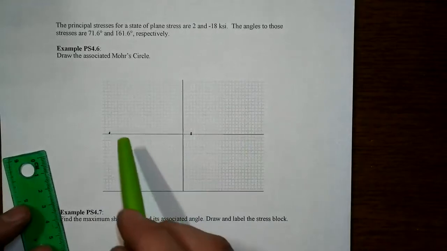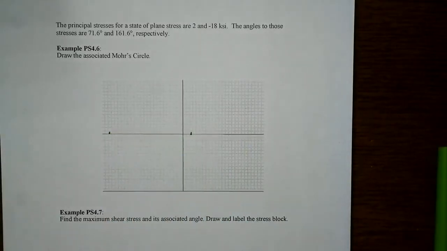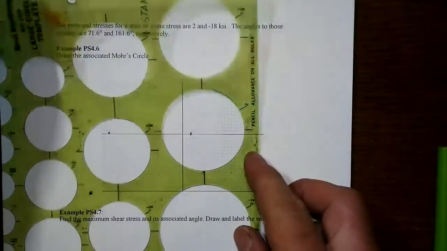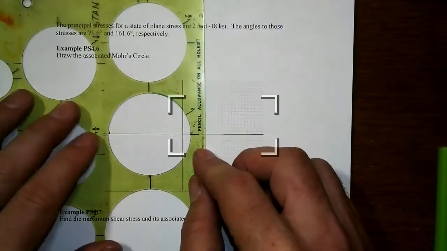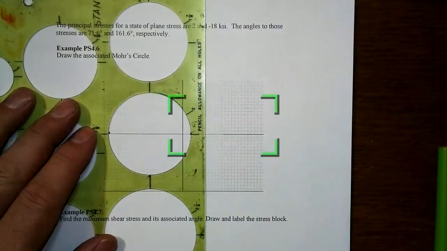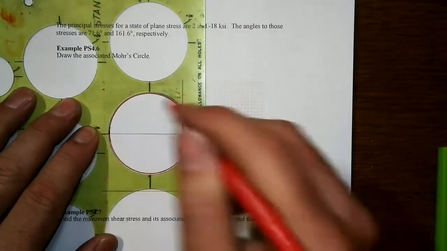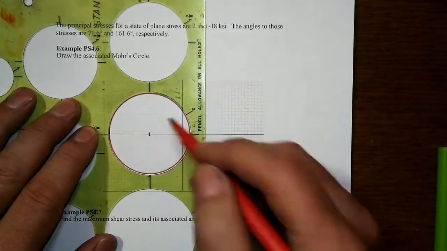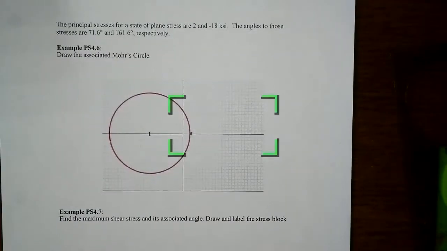That means we have a total range of 20. We'll see if we can find a circle on the template that comes close to matching that. Looks like this one does a really good job. There's your circle, there's your center. Let's label a few things.